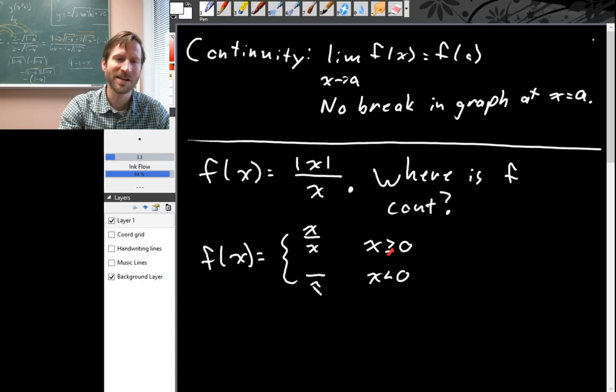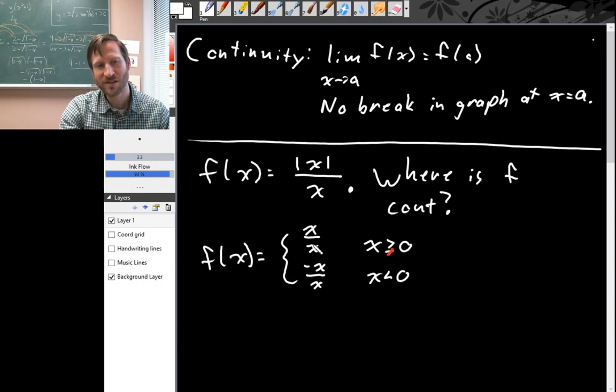The denominator is still just x, but the numerator, if the thing inside an absolute value is negative, the absolute value puts an extra minus sign on it. So that means this numerator is minus x. If x itself is negative, then minus x is actually positive because there are two minus signs: the one I have written down and the one that's hiding inside of x.